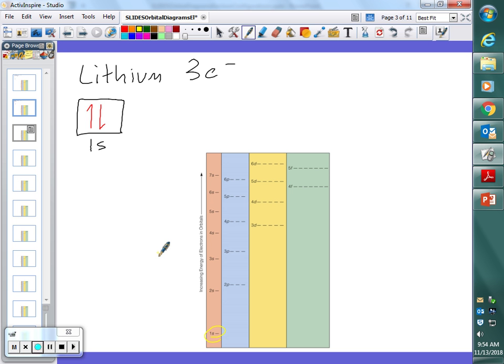You move up the chart, the next closest one to the bottom is a 2s orbital. So, we're going to draw another box, right? What are we going to label it, Kendall? We're going to label this one as 2s. All right. How many electrons will this orbital have in it? 1 electron.